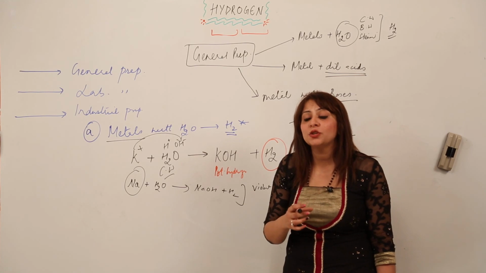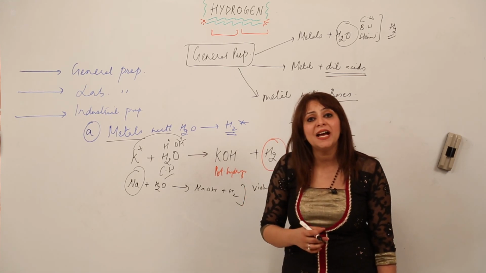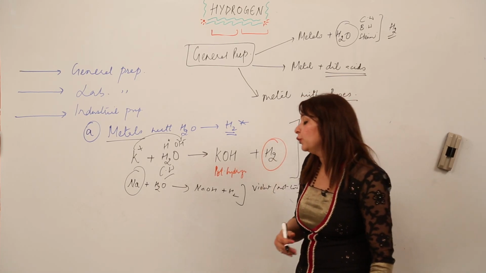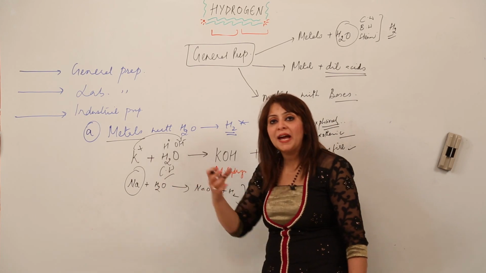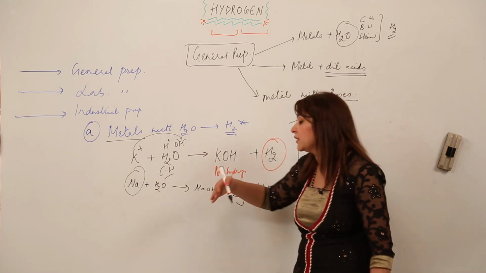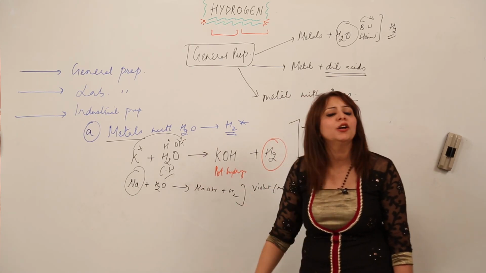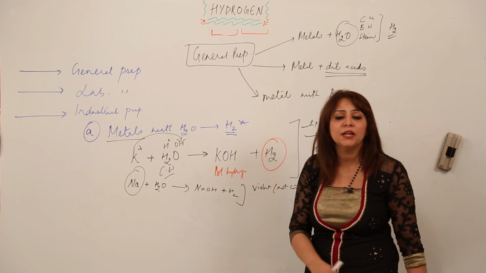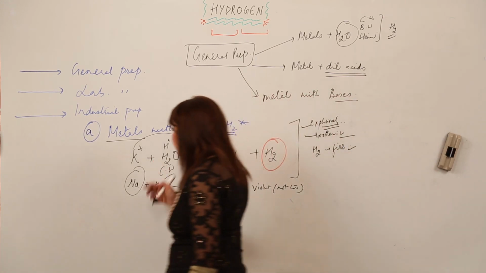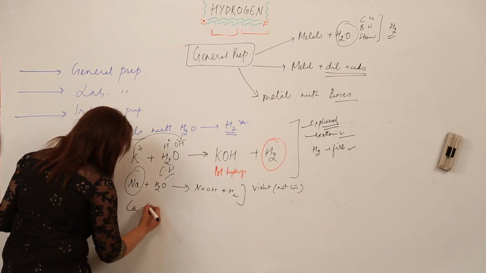So the collection of the hydrogen gas becomes very difficult in that case. To avoid that, we use sodium wrapped in something, so that it does not dart in the water and hydrogen can be collected easily. But still it is not a good method, because again it is exothermic and can be a violent method, right?